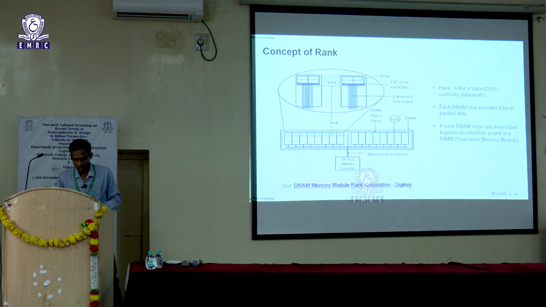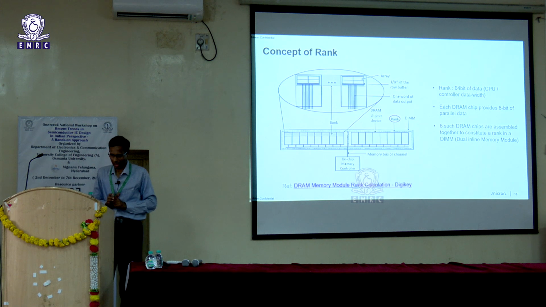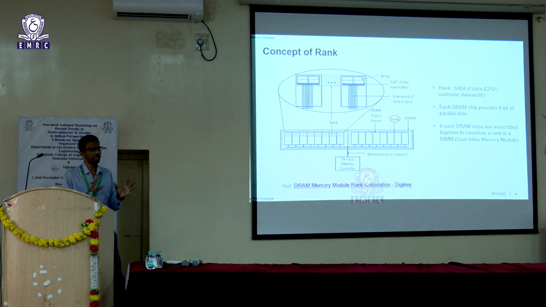I'll introduce the concept of rank here. As I said earlier, we have a 64-bit bus which will interface between your CPU and the DRAM. Now we have built this DIMM module. We have 8 DRAM chips, each giving us 8 bits of data, and say each DRAM is 1 GB. So you have 8 GB in your system supporting whatever application you want.